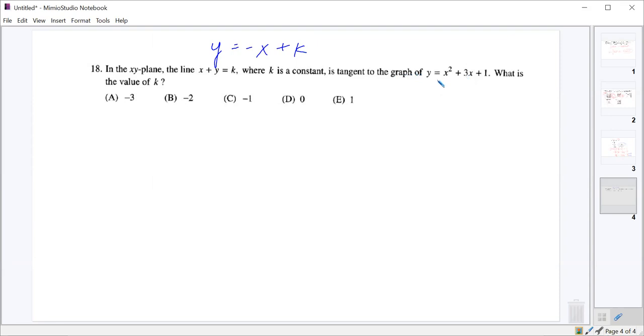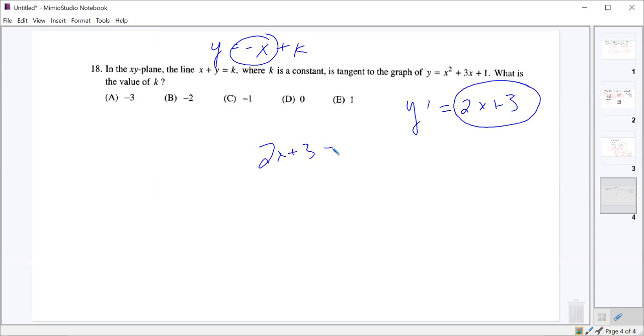And so this function should have a derivative y prime that is equal to 2x plus 3. And we know that this is the slope of the tangent line. If this is the tangent line, the slope is -1. So 2x plus 3 needs to equal -1. 2x is -4, x is -2.